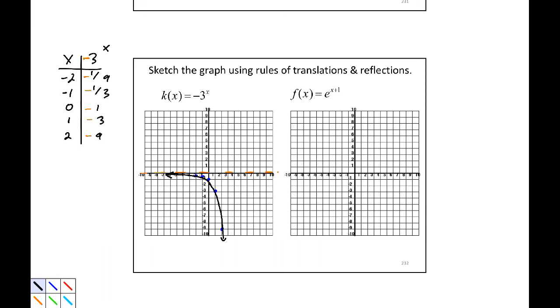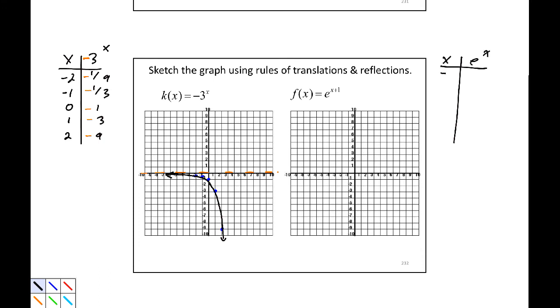All right, the last graph we have is f of x equals e to the x plus 1. From our transformations, a plus 1 inside of our function, in the exponent, is shifting to the left 1. Let's start with a table for e to the x.